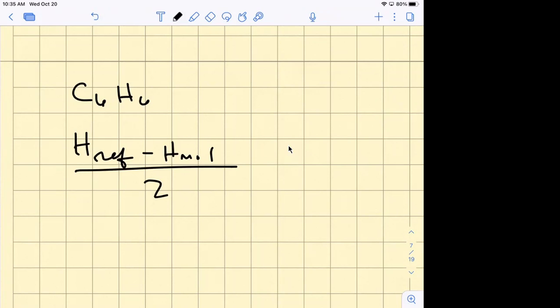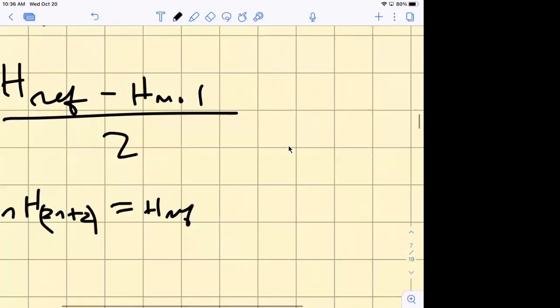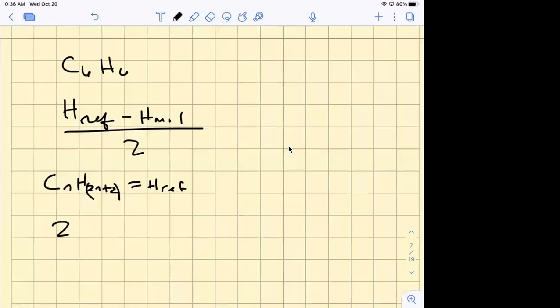All right, so C6H6. How do we calculate Href again? Right, so that's going to be my reference compound. So it's going to be C6H2 times 6 plus 2.